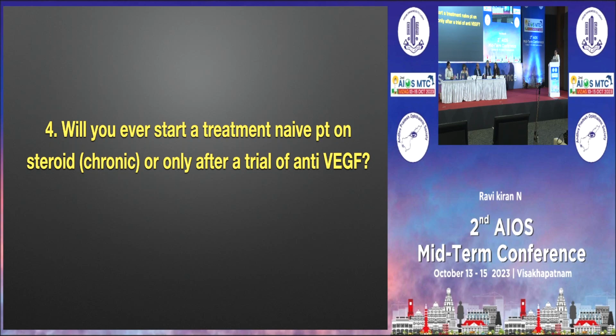Yes, in chronic cases, patients who have very large cystoid spaces, a huge amount of edema, I know the anti-VEGF alone will not be able to take care. So in such cases, I definitely start with a steroid, even in phakic patients, because 1 injection or 2 injections generally don't cause so much cataract, and we need to take care of the edema more. That is when I use steroids as first line.